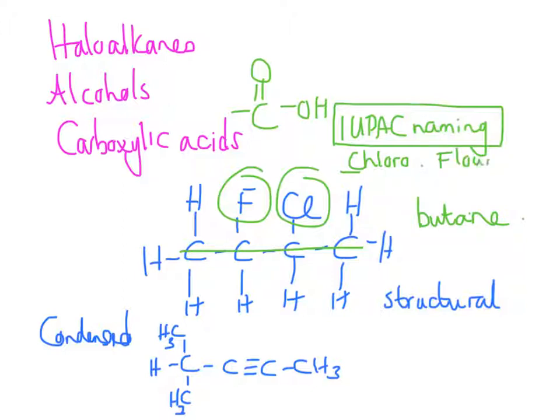Fluoro has a F to start it, so the chloro wins. And that means that I would label the chain from the side closest to the chloro because of its alphabetical priority. So it becomes 2-chloro. There's only one chloro group, but it's on carbon number 2. 3-fluoro and butane. That would be the naming of that.